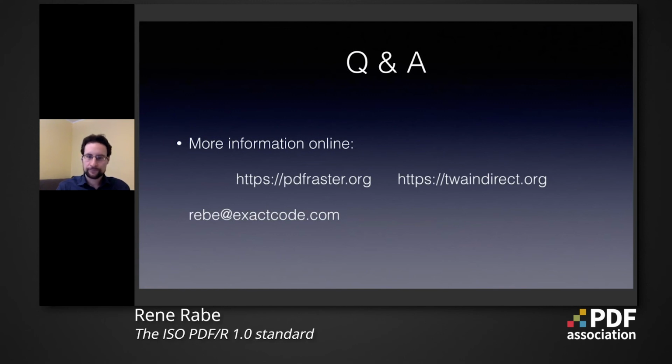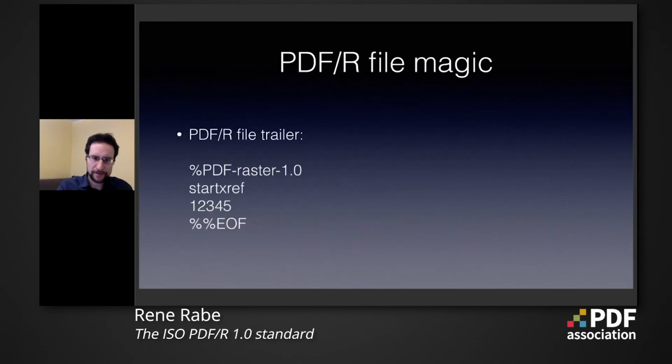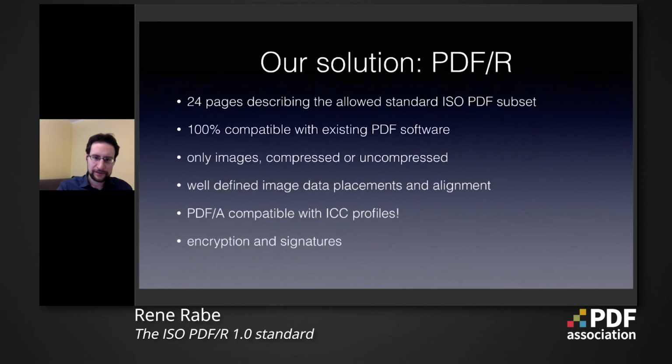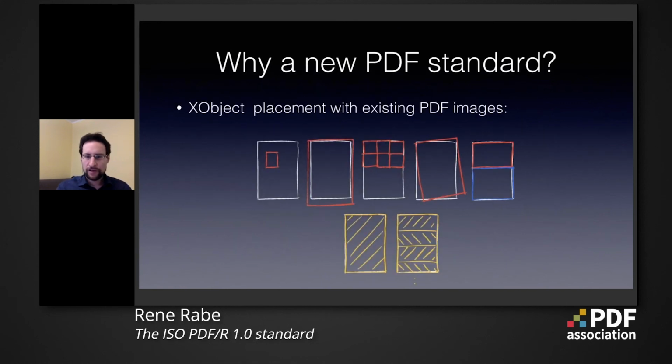Okay. We have a question from Julian, who asks, from the PDF point of view, it seems that PDF-R is just a PDF file with pages that simply have cm and Do operators. Is that right? Yes, that is correct. As I outlined earlier, what is part of the standard is that you need to write them very precisely.